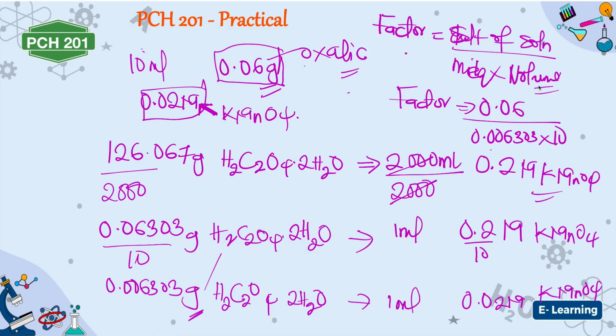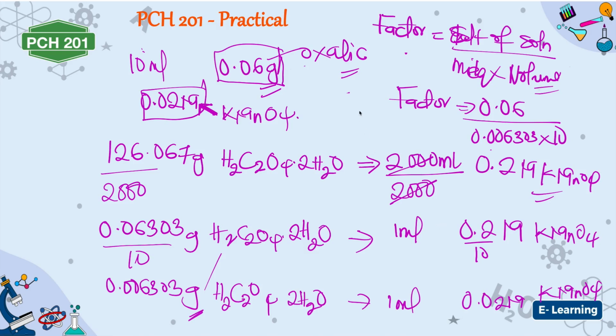The titre volume for KMnO4, they'll give it to you. Let us say they say 10 mL KMnO4. Whichever they give you, you just put it there.